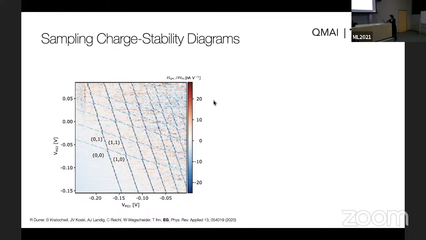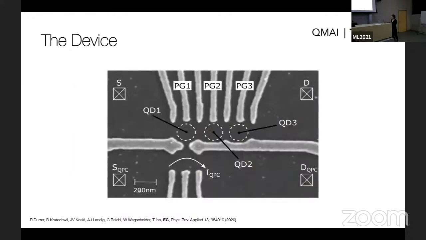There is a comment. So these are, sorry, yeah, I am going fast. Thank you for the question. So the question is, what are the PG1 and PG2? Those are the so-called plunger gates. It's one of the gates that we have, and those are the gates that control the occupation specifically.